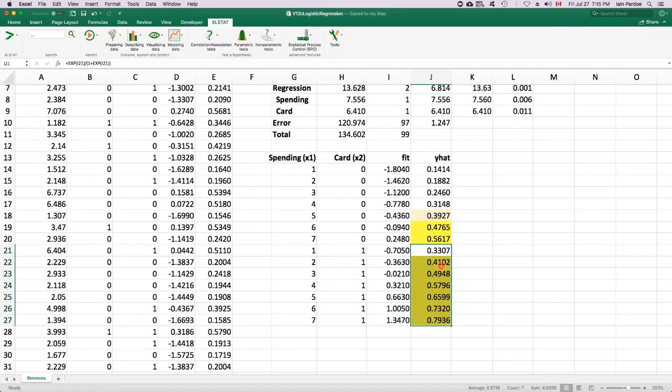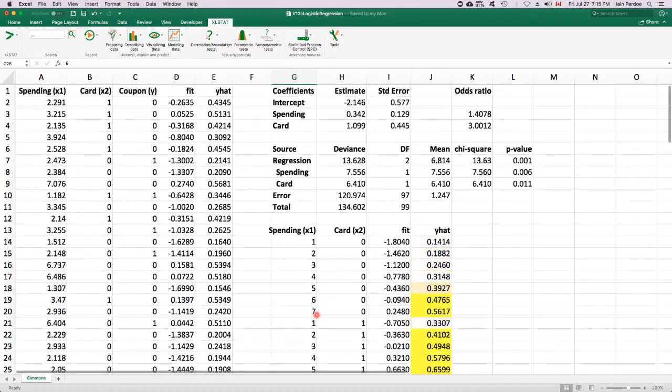So this time, because they have the department store credit card, they're more likely to use the coupon in general. And for this subset of customers, we're going to target anyone with spending of $2,000 or higher. These are the ones with the probability at least 0.4. So that's an example of how a logistic regression model like this might be used. Okay, so that's a brief introduction to interpreting logistic regression.